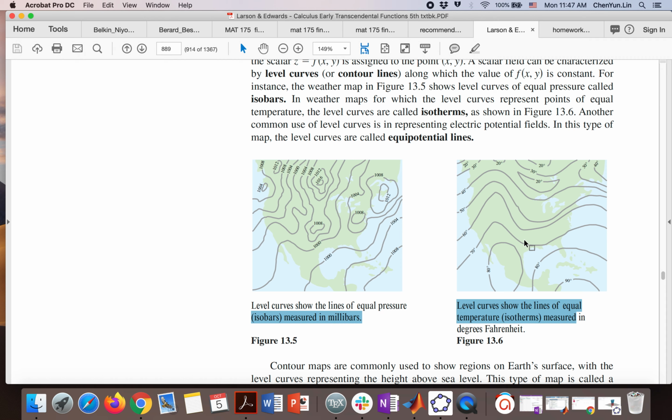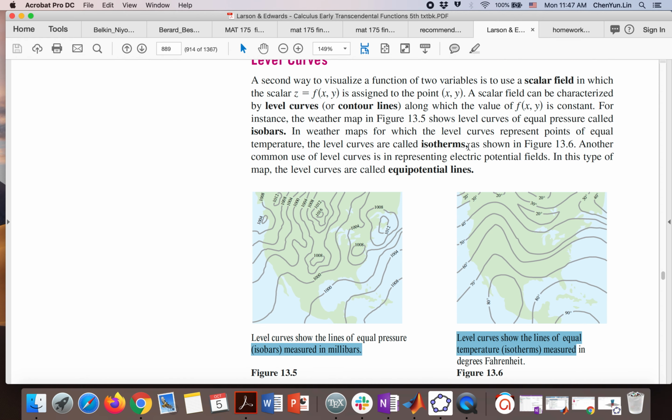Now you can see that this is way hotter, and it gets colder, and a little hot and a little cold, like that. So instead of looking at the surface of the temperature, we can just look at the level curves of the temperature. That's why we care about level curves.